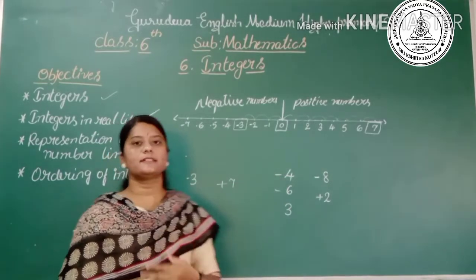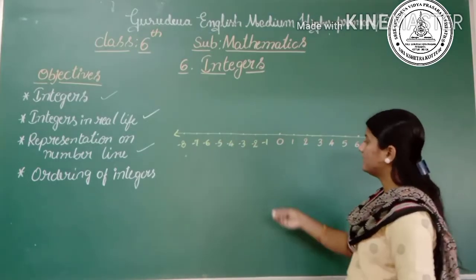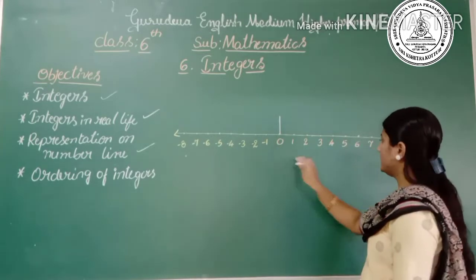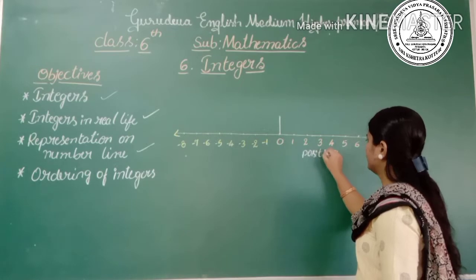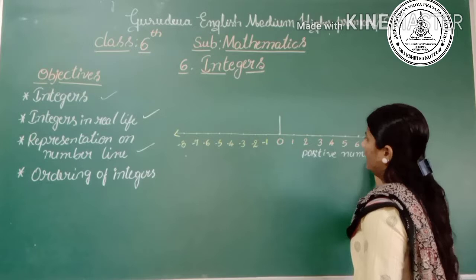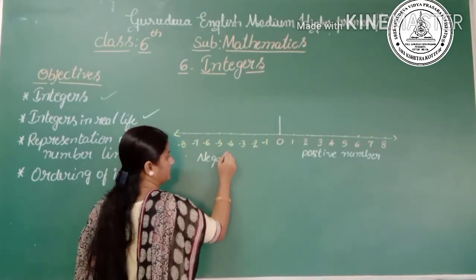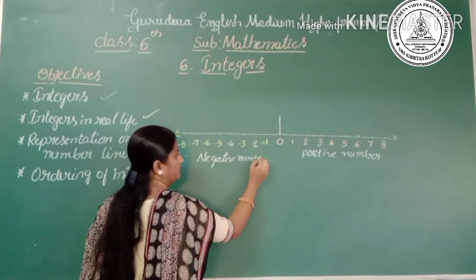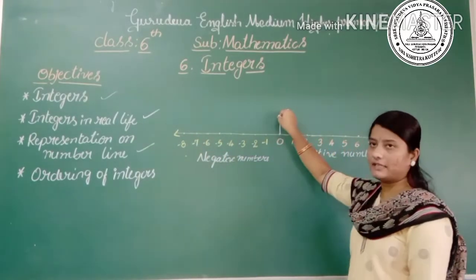Then let's go to the next objective, ordering of integers. In order the numbers go here, 0 is a reference point. So these are the positive numbers. And these are the negative numbers. Here 0 is the reference point.